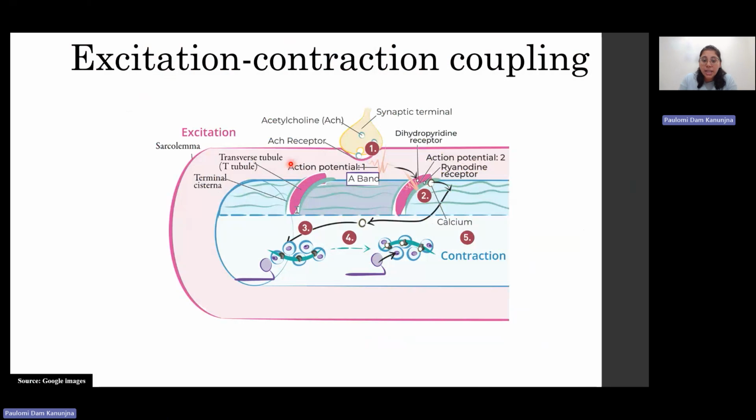Now, if I have to tell you step by step, let's begin from the first step, which is a motor neuron. Anything that takes information to muscle is called a motor neuron, obviously. This motor neuron has the action potential traveling down it, and it takes it to the synaptic junction.